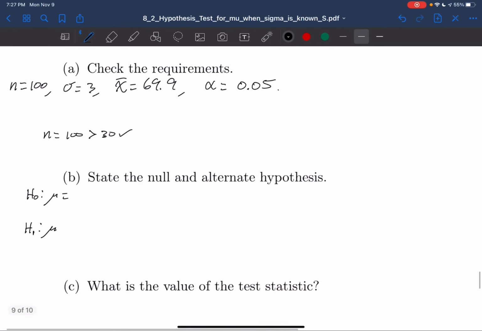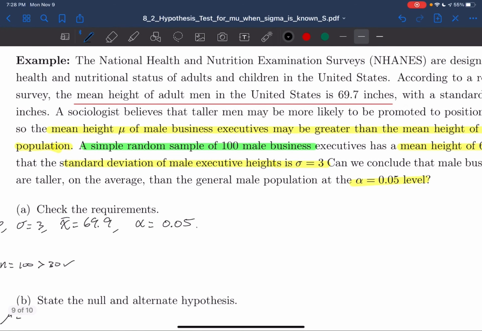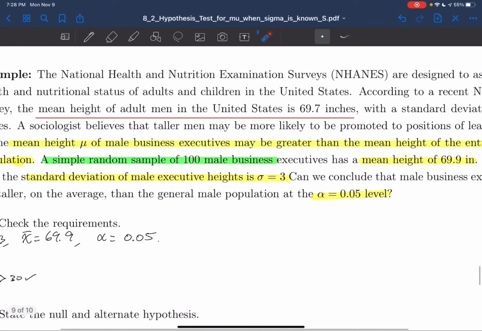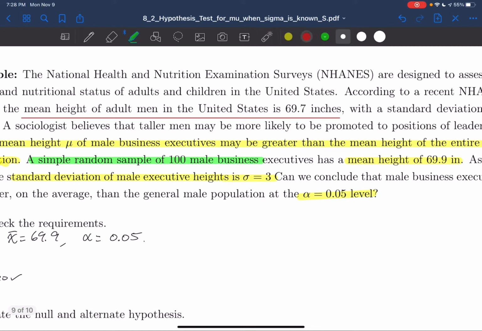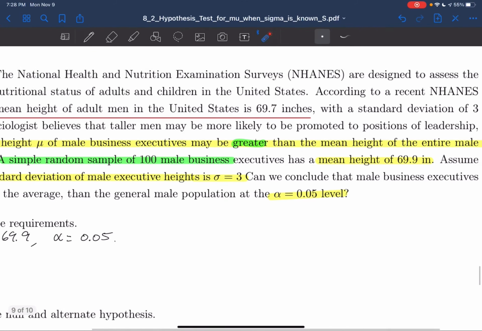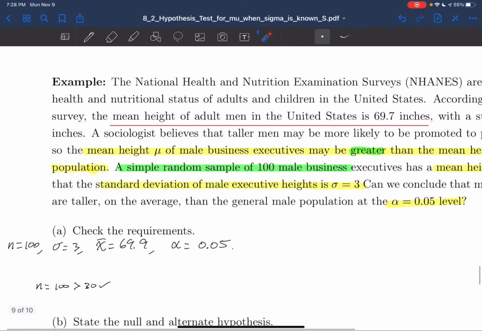So looking back at our problem, we had this sociologist. He believes that taller men may be more likely to be promoted to positions of leadership. So he's saying that the mean height mu of male business executives may be greater than the mean height of the entire male population.